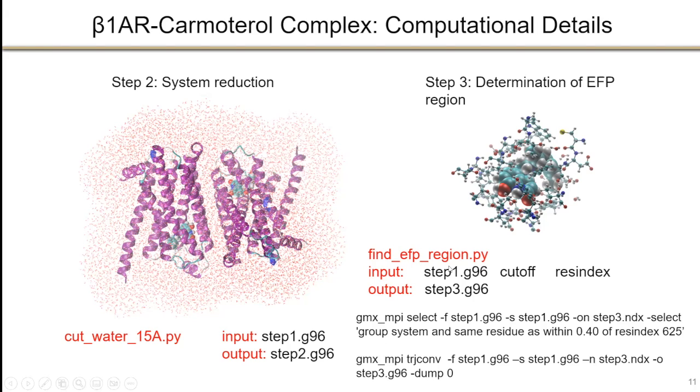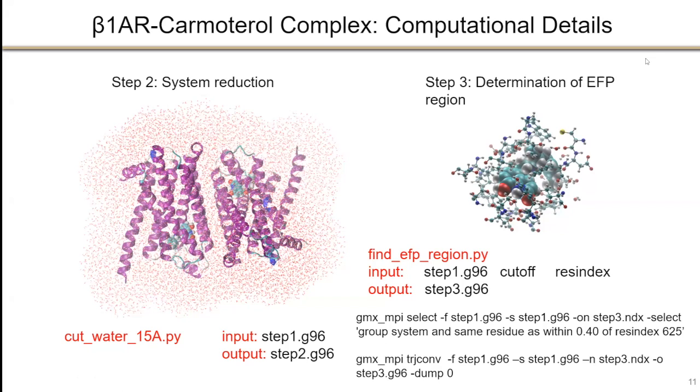We use this Python script called cut water 50 angstrom, and it just cuts all the waters that are beyond 50 angstroms around the protein. Here is how it works. We give it a geometry file as an input, and as an output it returns another geometry file excluding the waters that are not within this distance.